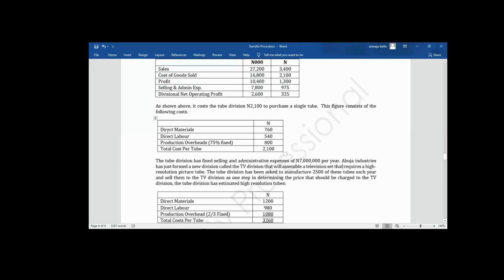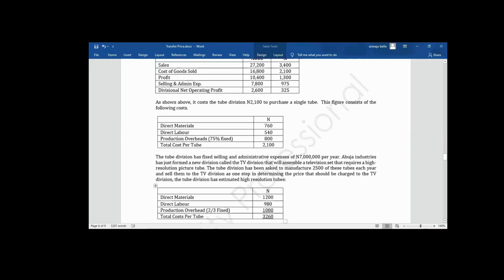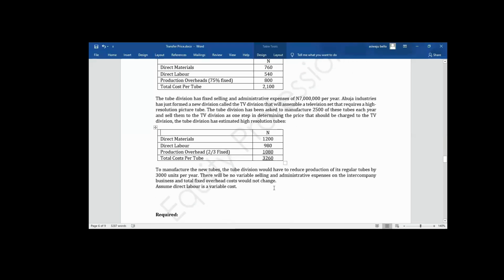This information is for the regular tubes that the company manufactured before. Now, this information is for high resolution tubes. Now look at this last paragraph, it's very important to us. To manufacture the new tubes, the tube division will have to reduce production of its regular tubes by 3,000 units per year.